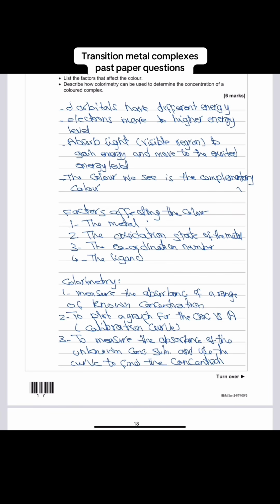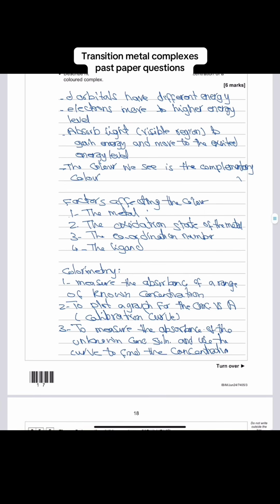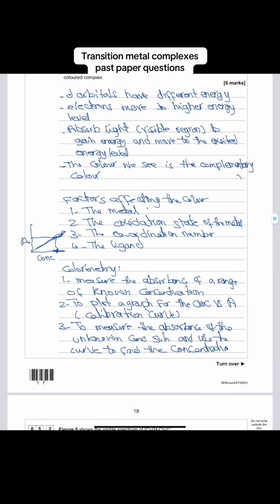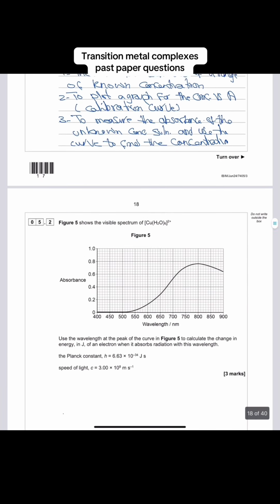The calibration curve will give you the concentration over the absorbance. It's a straight line. So when you find the absorbance of the unknown one, you can find the corresponding concentration, as this is going to be the concentration of your unknown solution.